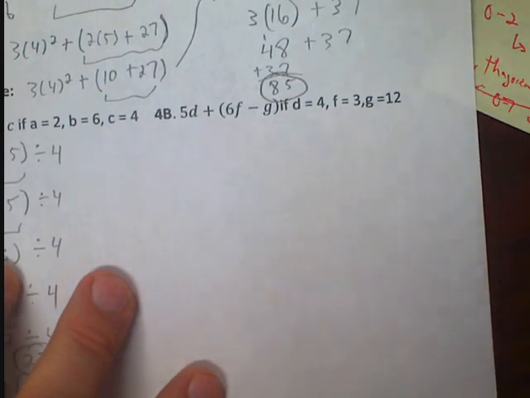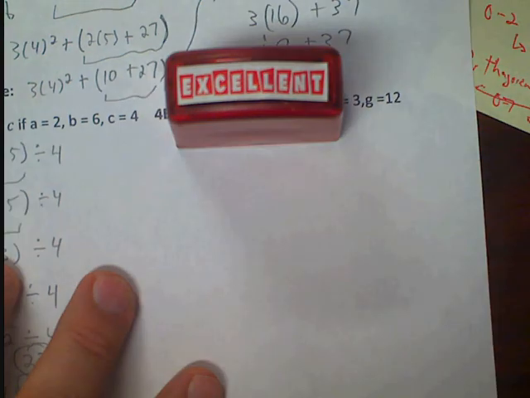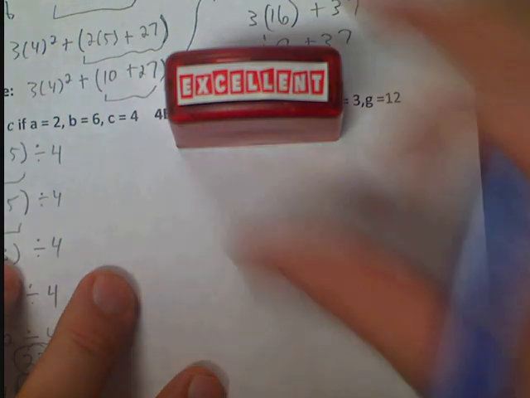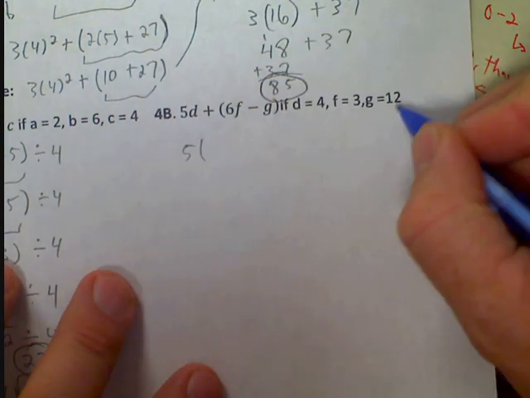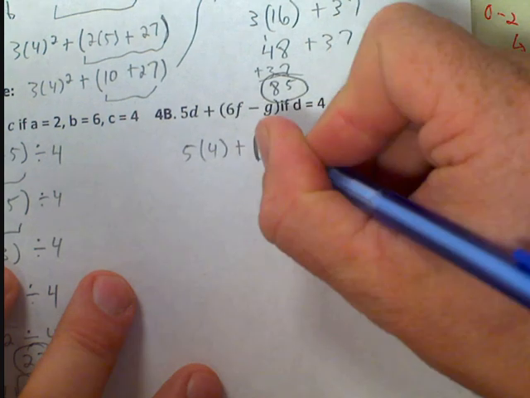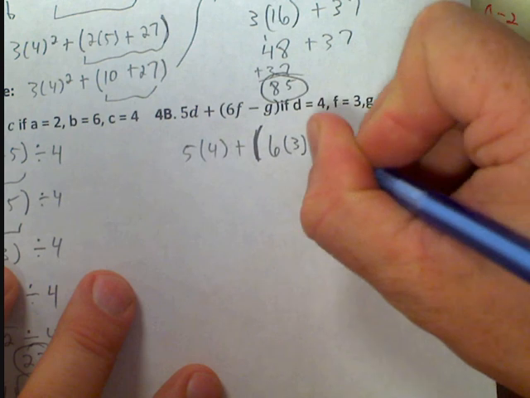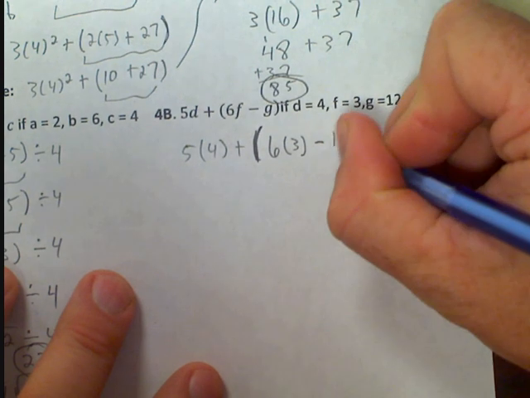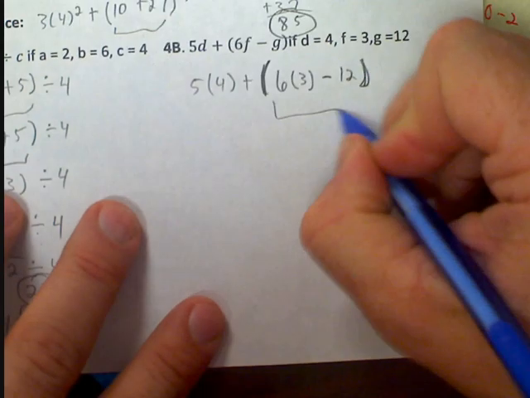Last problem, 4B. Pause the video and try. My C is 5, my D is 4, parenthesis 4 plus big parenthesis, so 6. My F is 3 minus G is 12. I have to do inside the parentheses first.